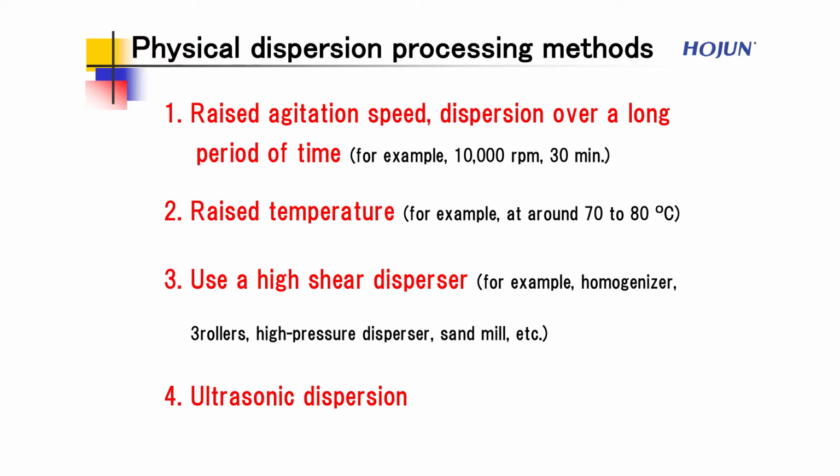Raised agitation speed over a long period of time. 2. Raised temperature. 3. Using a high shear disperser. 4. Ultrasonic dispersion. Dispersiveness can be improved by combining these methods.